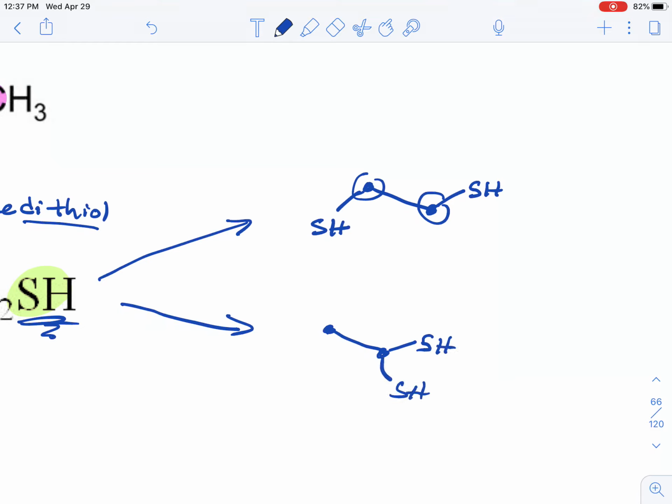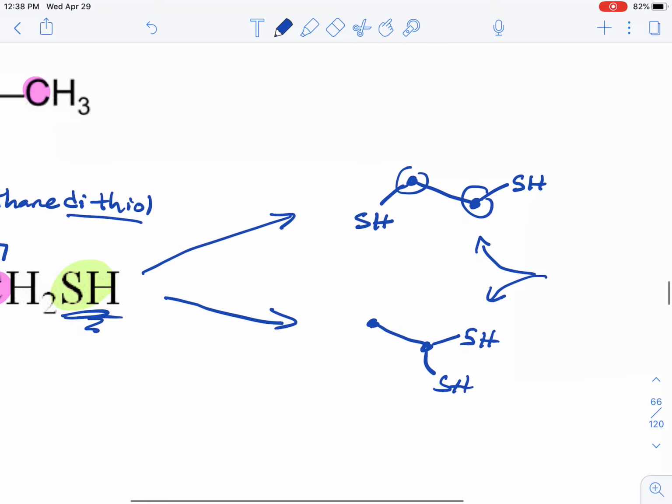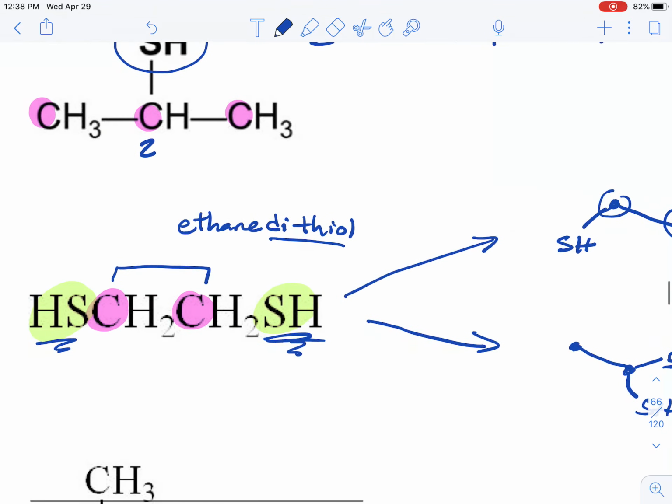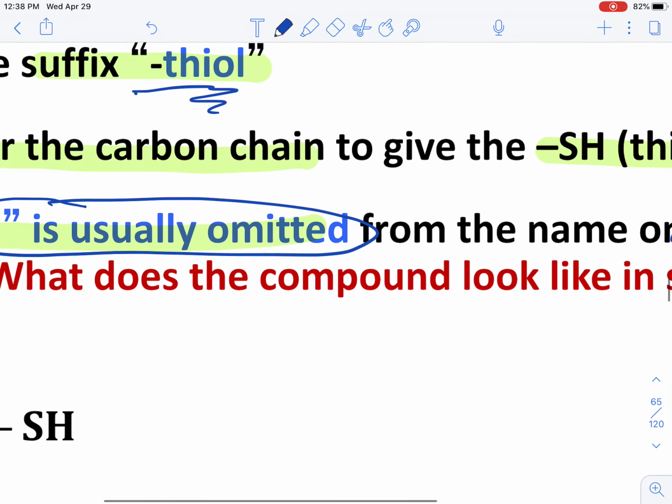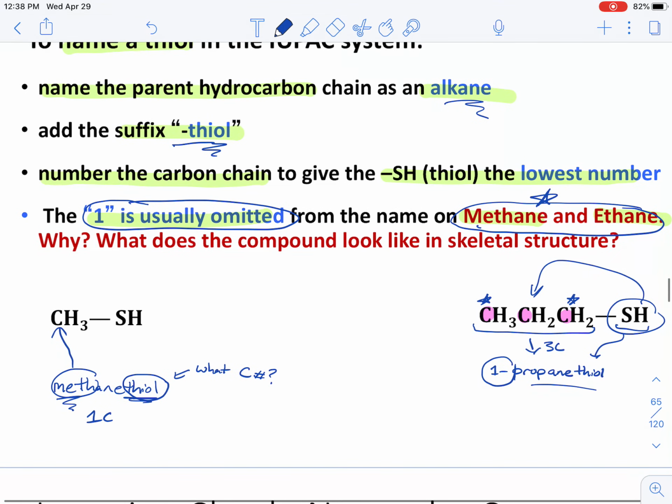Okay. And so notice that this structure, the one at the bottom, is going to be completely different from the one at the top. And since they're completely different with respect to each other, that ethane rule that I discussed here does not hold true. Okay. And so this rule, this methane, ethane, and you're going to omit the 1, is only for a monothiol, right?